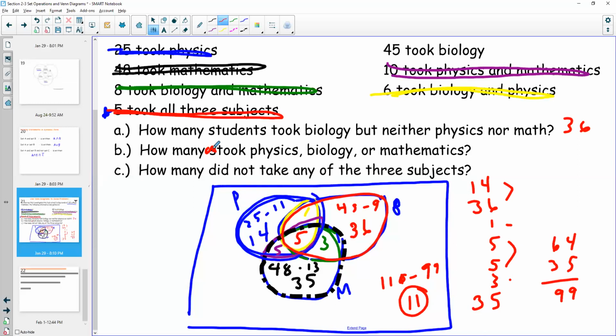Doesn't have to say both or 2 or 3, just any of those 3 subjects. Well, it's going to get us 99 because it's everybody who took anything, right? Except for the kids that didn't take anything. And then how many didn't take any of the 3 subjects? We figured that out already, 11. So you will do more of these, but try it again if it took you a minute to figure out. Go through this, okay? This is really important.